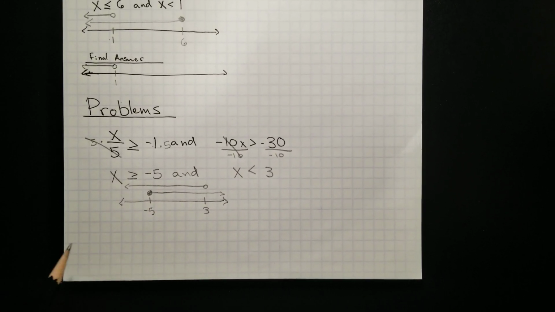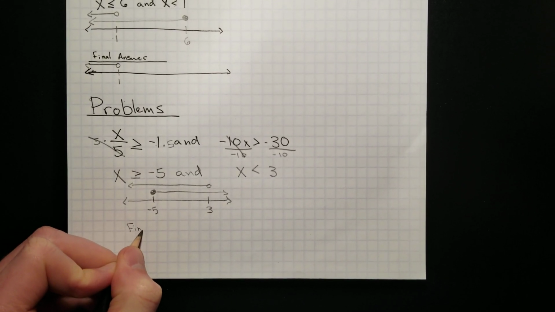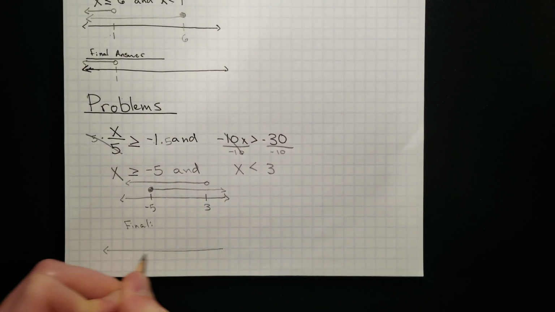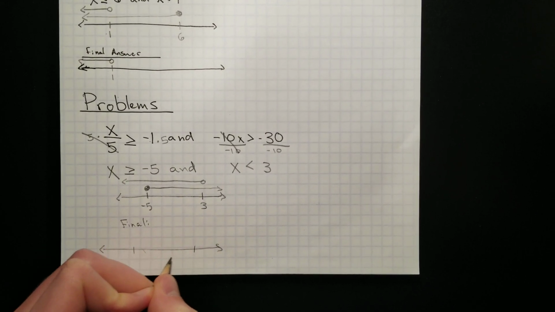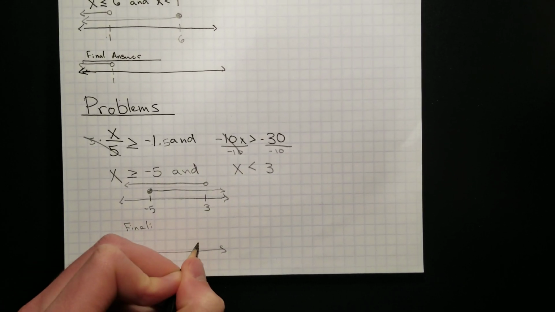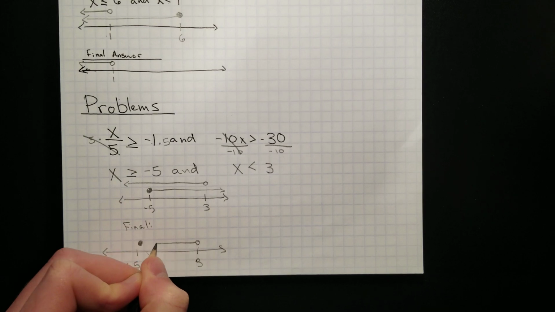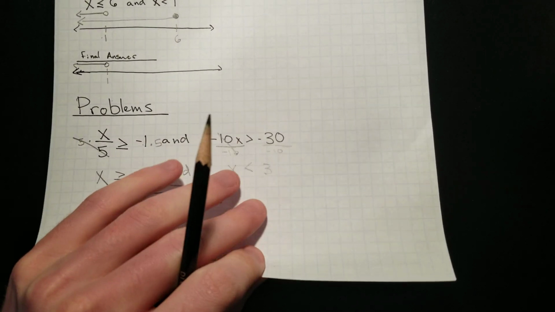That means that I have to find the area that is true for both, and that means that our final answer is the area between them, because that's the area where they cross. And -5, closed circle, 3, open circle. Got to copy those down exactly, and we have the line connecting them. So that's one of the kinds of examples.